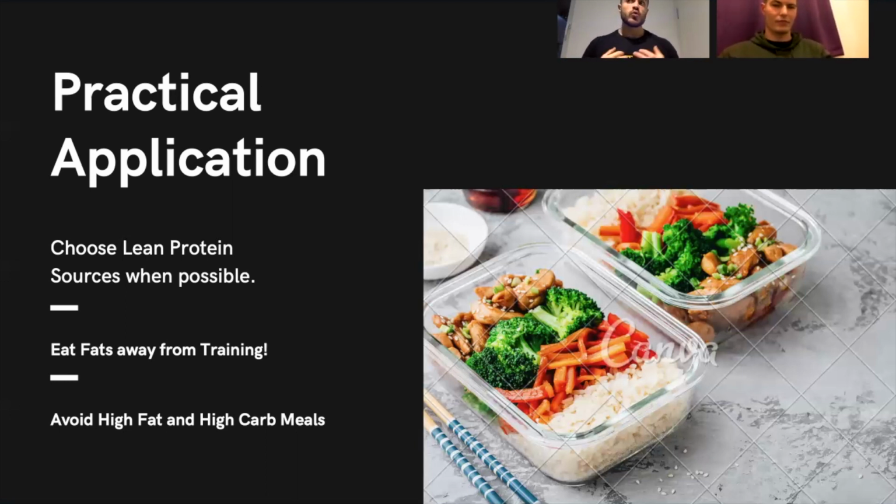So normally what I would do most of the time is go for a lean protein source and then add the plant-based fat. So for example, chicken breast with avocado. But also sometimes I will go for salmon or steak, animal sources.